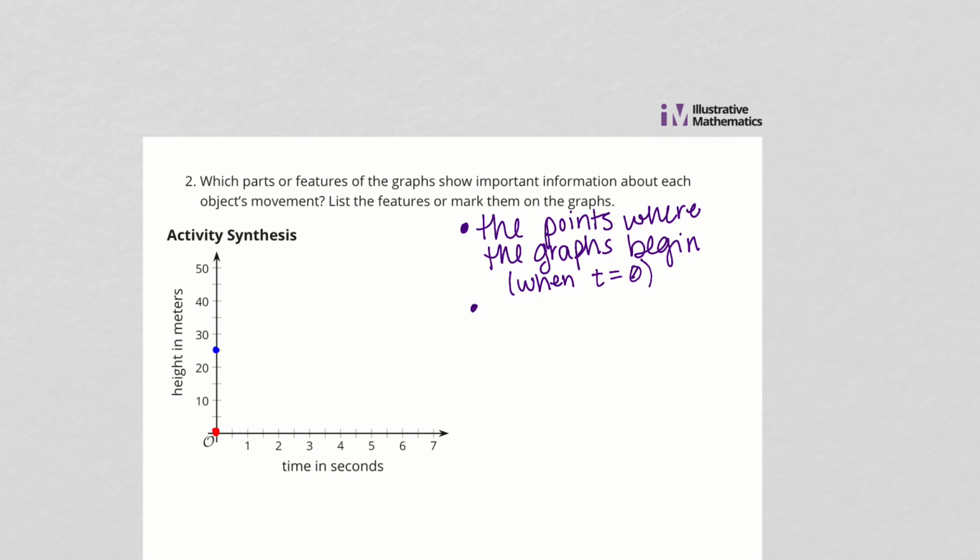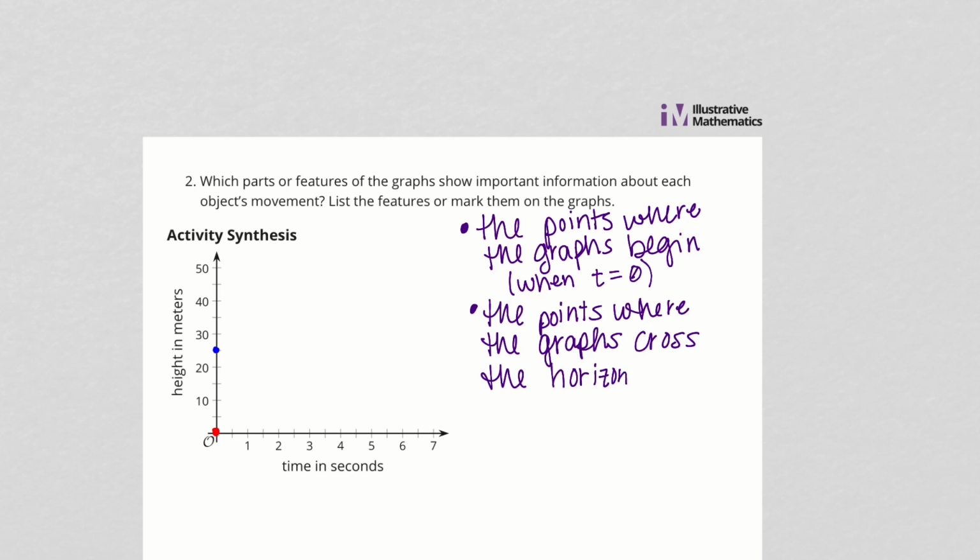Another set of points that is real important is going to be the points where the graphs cross the horizontal axis. That's going to mean that our height in meters from the ground is 0.